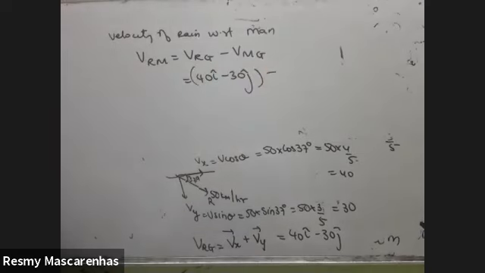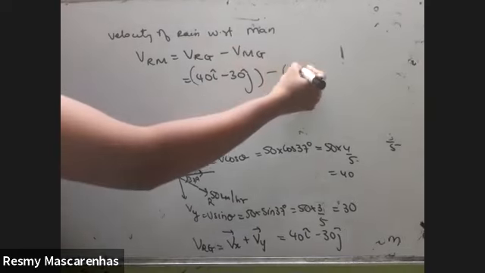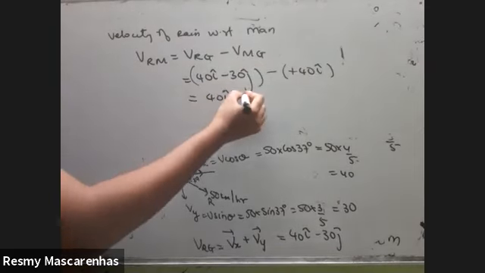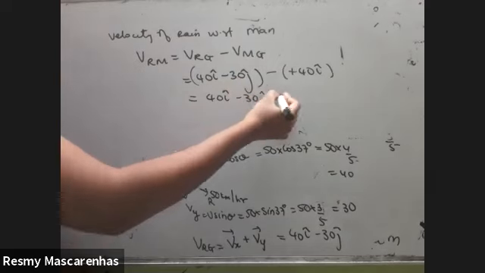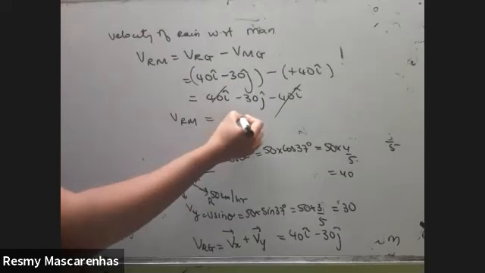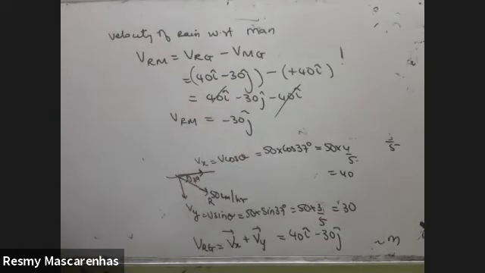And velocity of man with respect to ground is simple. It's going only in one direction, horizontal direction. So it's going at 40 i cap. 40 i cap minus 30 j cap minus 40 i cap. So this and this will cancel. So there is only one component, minus 30 j.